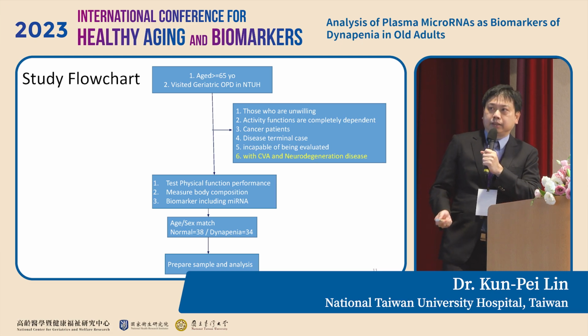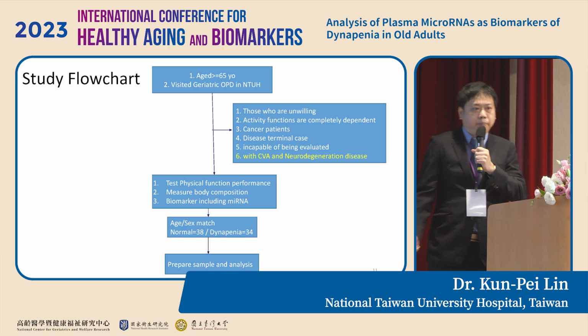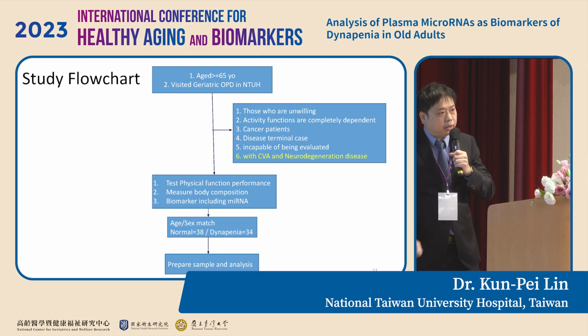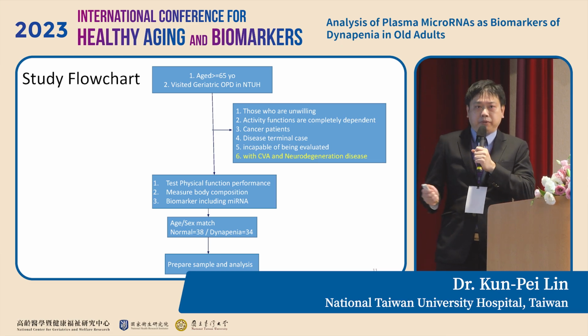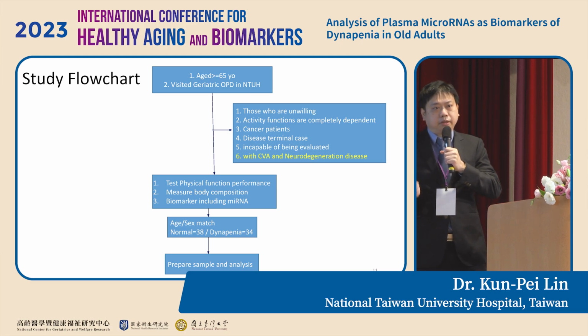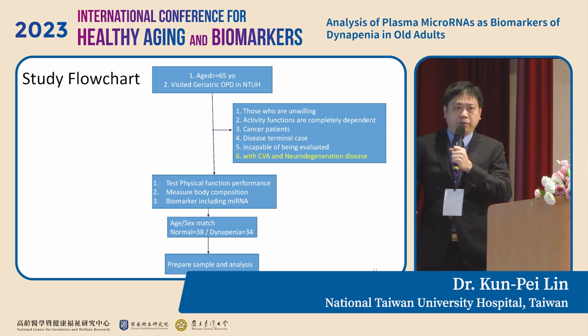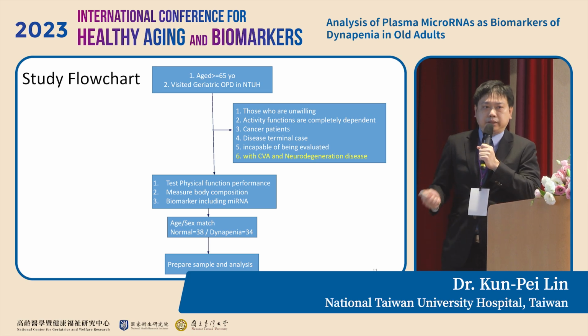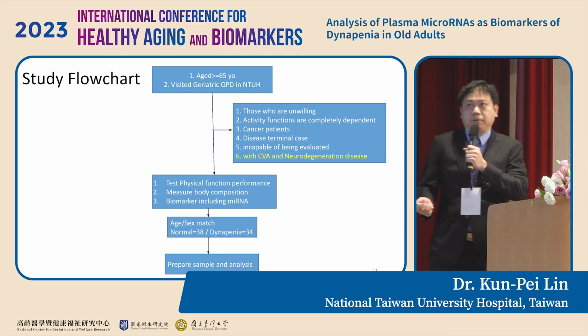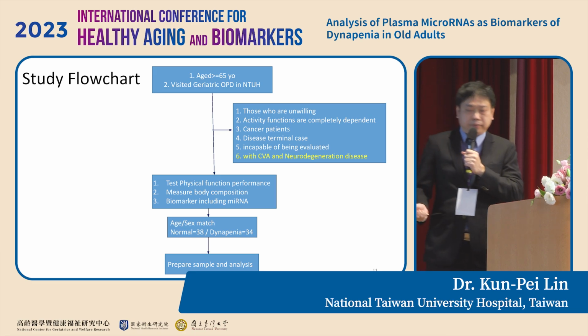Sixth, patients with stroke or neurodegenerative disease will be excluded because, as I mentioned above, patients with specific diseases have muscle weakness or neural damage, which may be considered a secondary effect, not pure dynapenia.